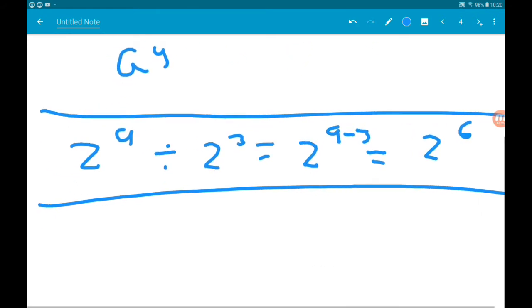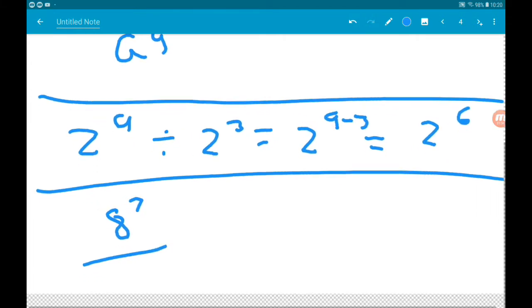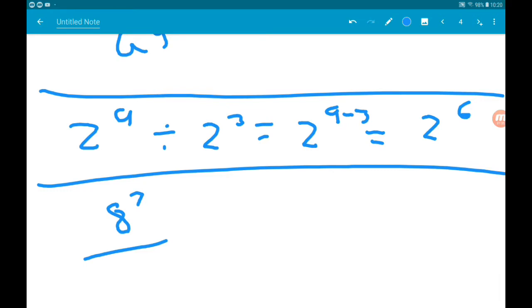We might have 8 to the power 7 over 8 to the power 2, and that's 8 to the 7 minus 2, which is 8 to the 5.